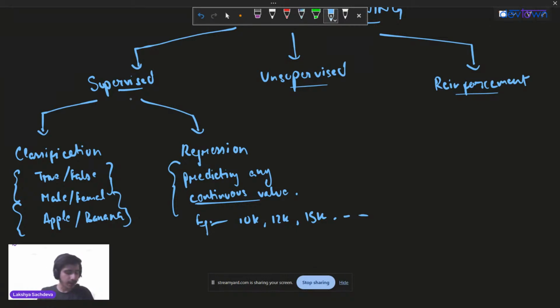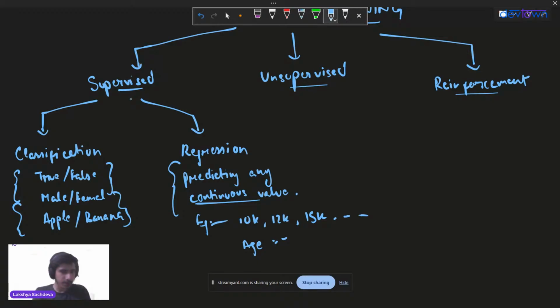The salary can be any value. One more example is the age of a person. Age can be any value: 5-year-old, 10-year-old, 12, 13, 14, any value. So when we are predicting such continuous values, we call it regression.